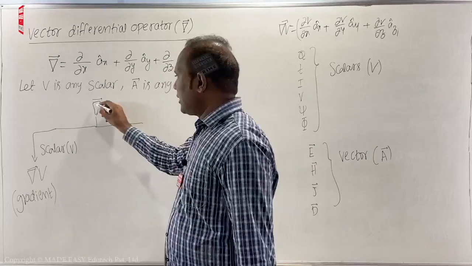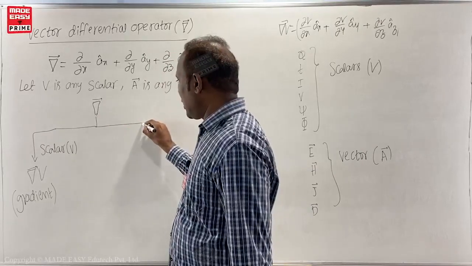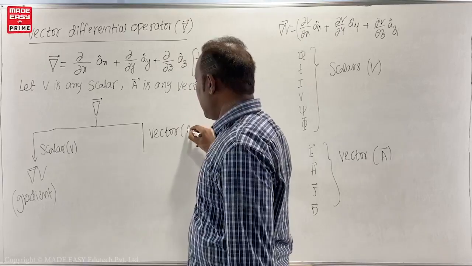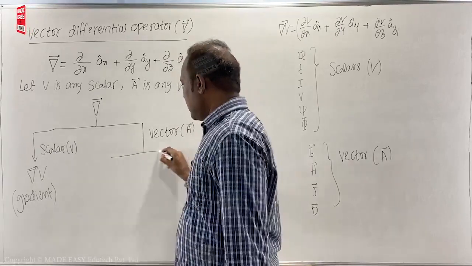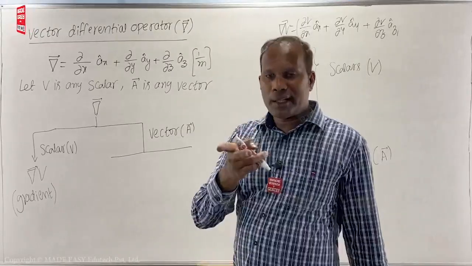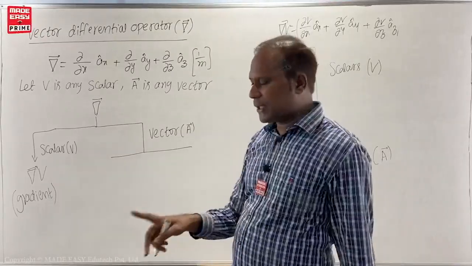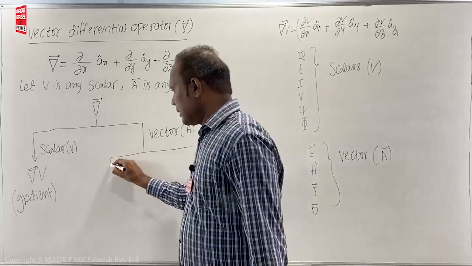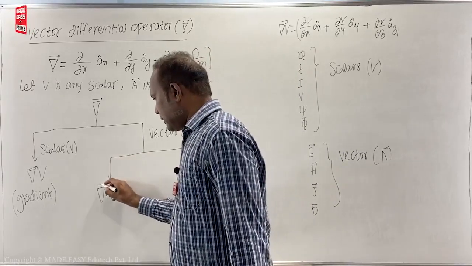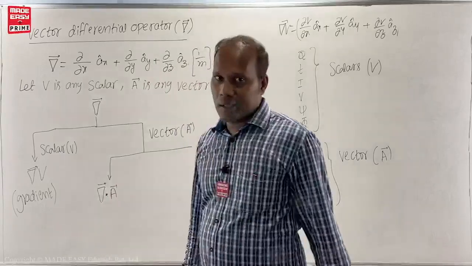So if you take this del bar operator and operate with any vector called A bar, then this is also a vector, this is also a vector. Between vectors, two operations are possible. One is the dot operation, the other one is the cross operation. So if you take a dot operation like this, vector dot vector is a scalar.